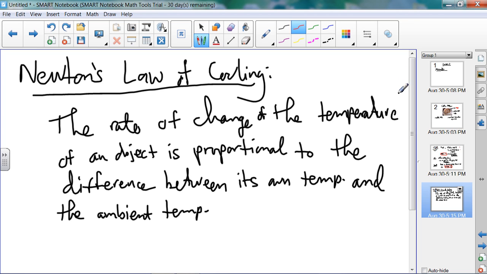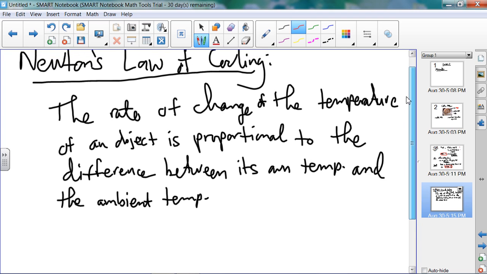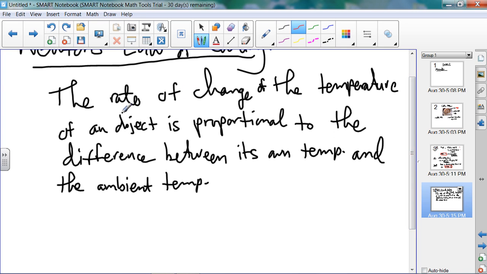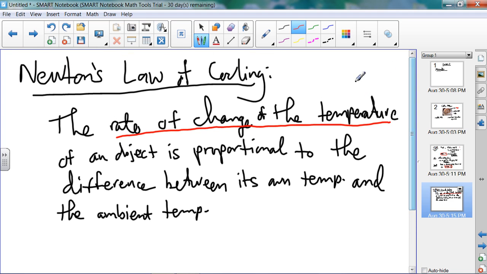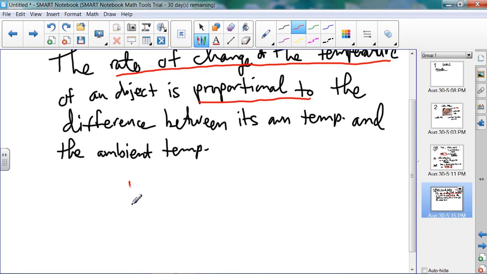So let's just translate everything. So the rate of change of the temperature. In our case, mathematically speaking, that's exactly what T prime of t is. Of an object is proportional to, so already the wording is giving us an equation. T prime of t is some number times something.